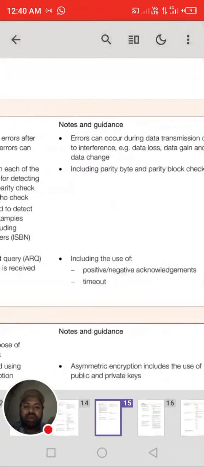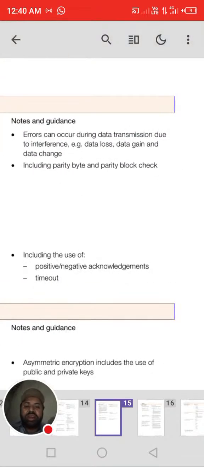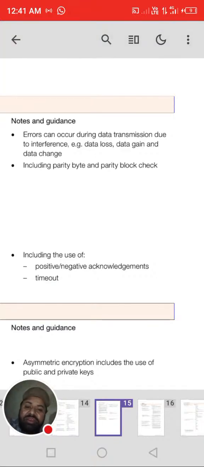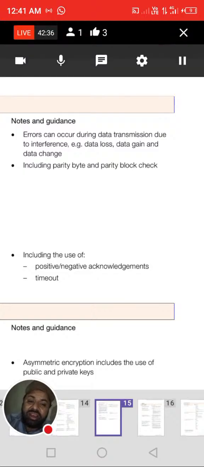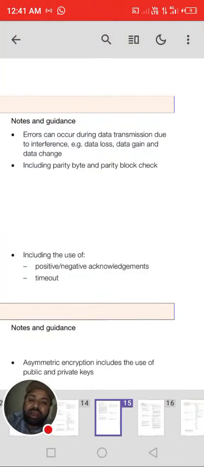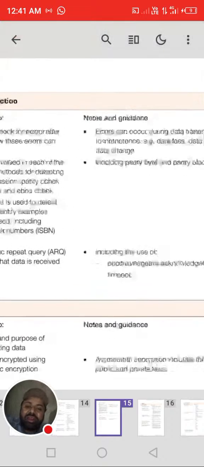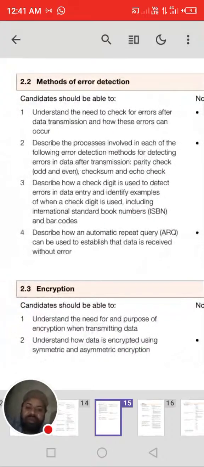Errors can occur during data transfer due to interference: data loss, data gain, and data change. We may lose some bits, gain some extra unnecessary bits, or the data can be modified. Then the parity bit is a checker bit, and the parity block check is also there. All these things will be included.